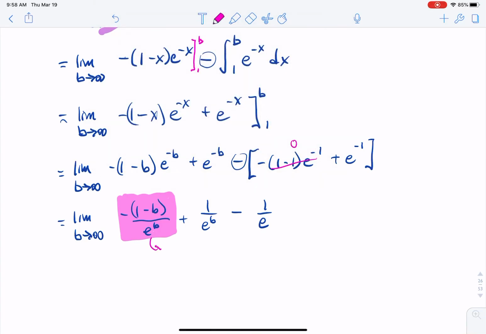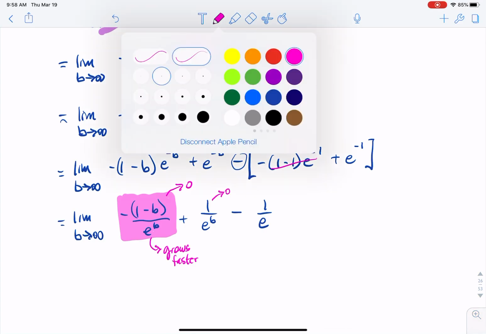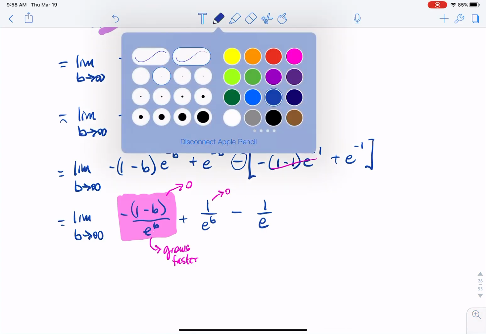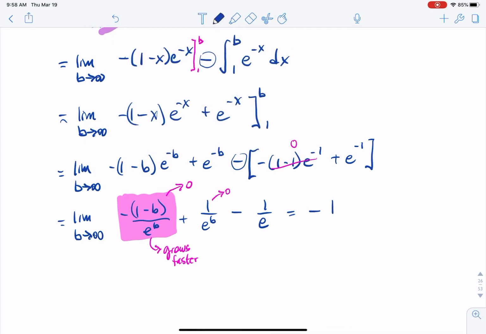However, this bottom grows faster. Since it grows faster, that whole thing is going to go to 0. This one also is going to go to 0. Both of those terms are going to cancel out, and then we have our final answer of negative 1 over e.